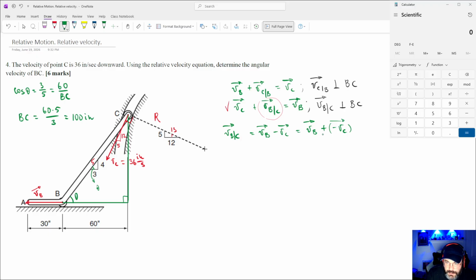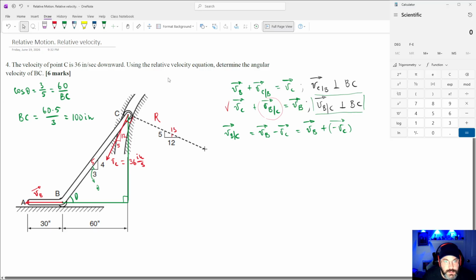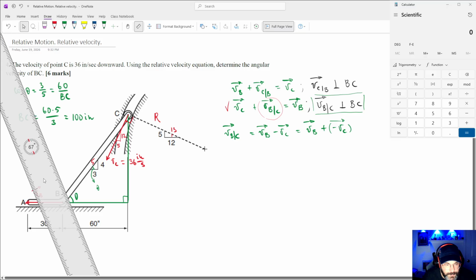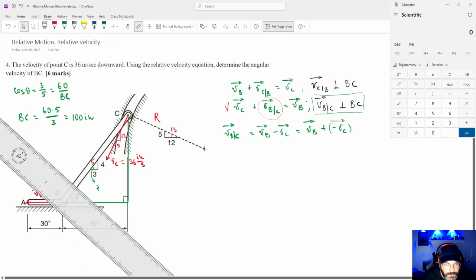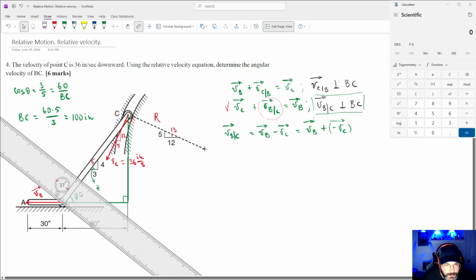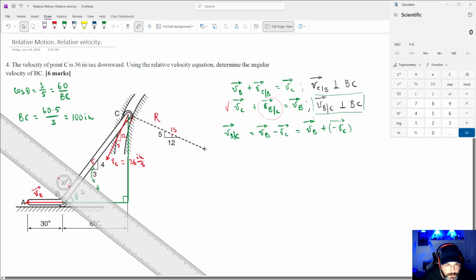Okay, and we know that our relative velocity vector is perpendicular to BC. So let's draw a line perpendicular to BC and then apply the tip to tail rule, right? So we will take this vector VC, flip it, and then apply the tip to tail rule.